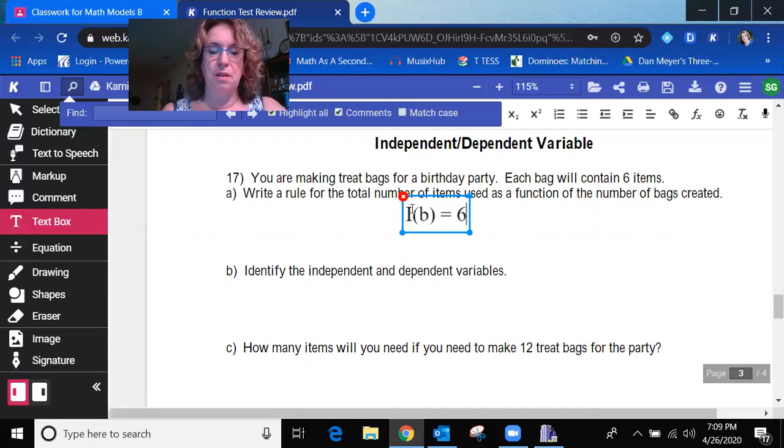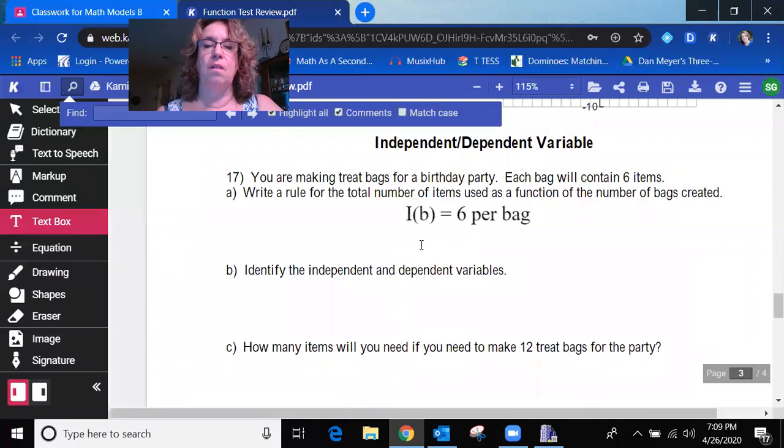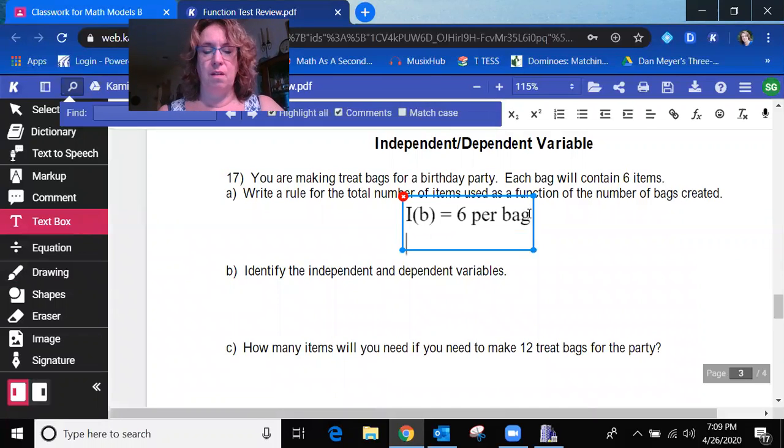Well, it's 6 items per bag. So you count how many bags and multiply by 6. It might look more mathy like this.